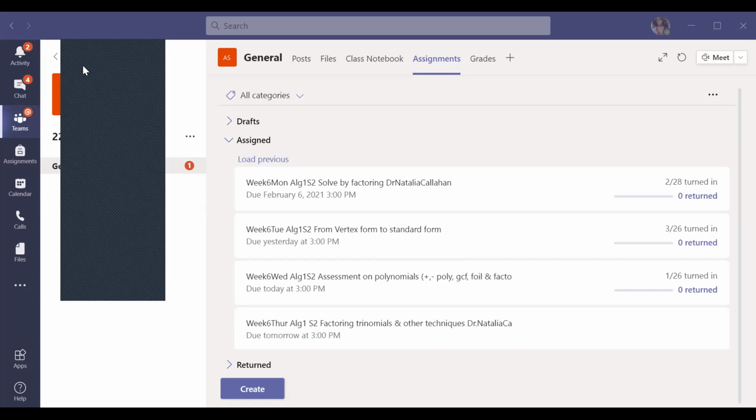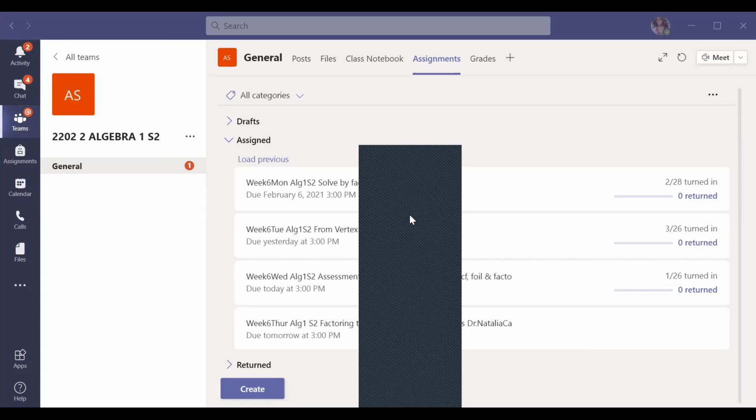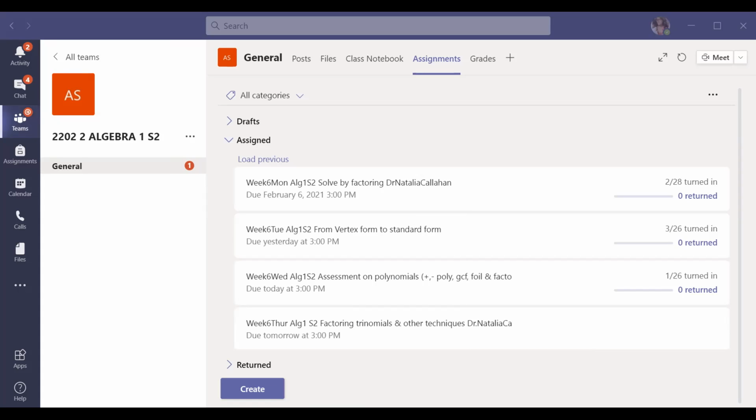Okay, let's go over a few examples. Let's start off with something that's not too difficult. Let's start off with number 1.